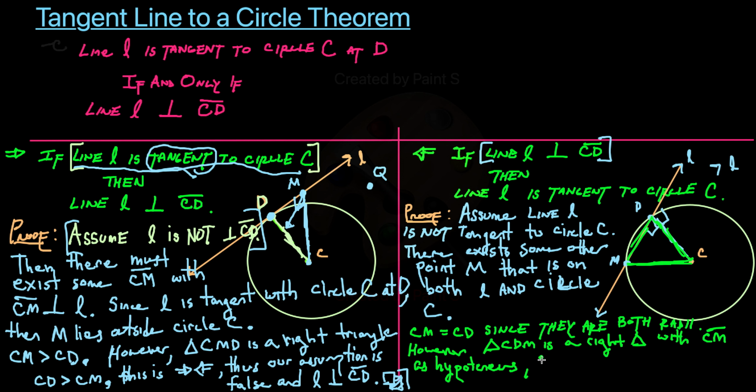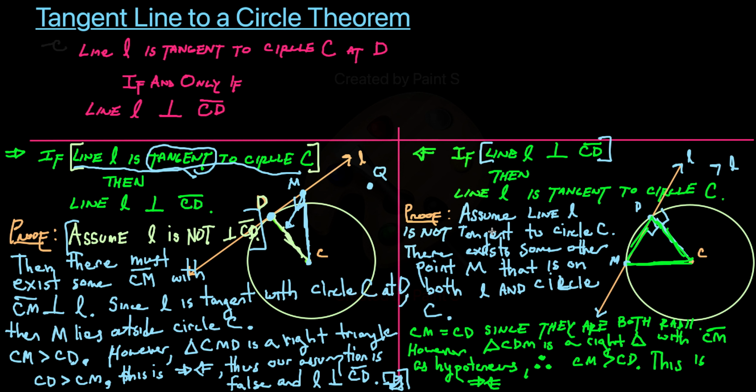Therefore, the three dots means therefore, CM, the distance from C to M, must be greater than the distance from C to D. Because it's the longest side in this right triangle, it's the hypotenuse. CM must be greater than CD. This is a contradiction with the fact that these two were originally equal.